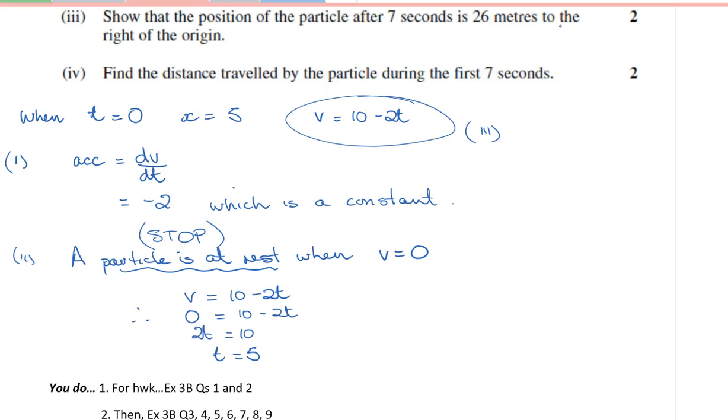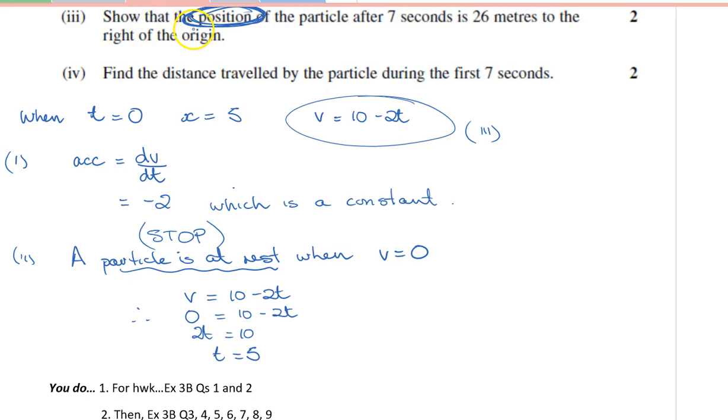Well, we've got an expression for velocity. If I integrate velocity, I'm going back to where it came from. What did velocity come from? Velocity came from an expression for displacement. What does displacement tell us? It tells us about the position of the particle.